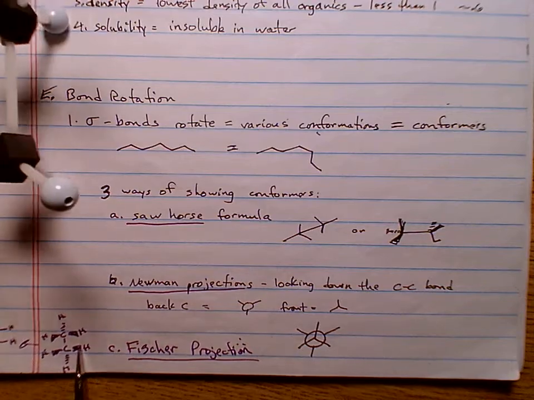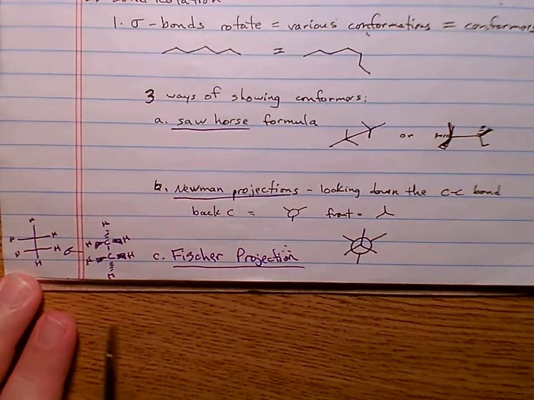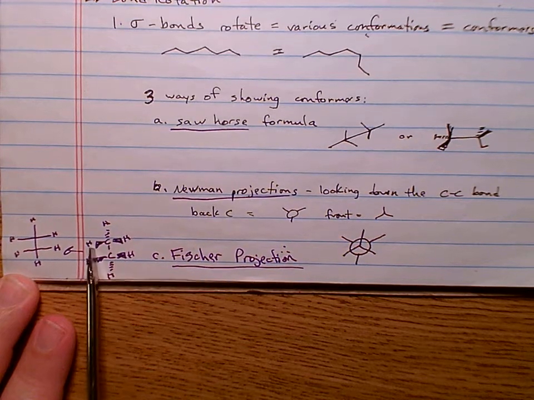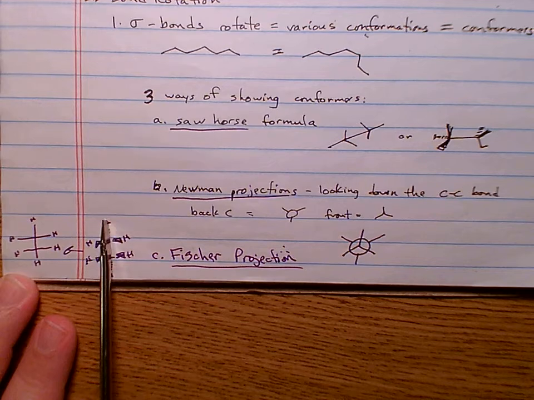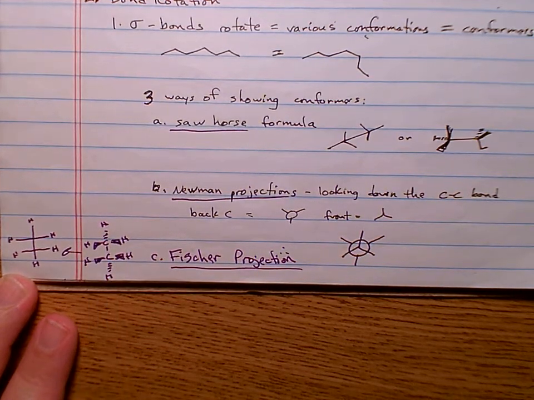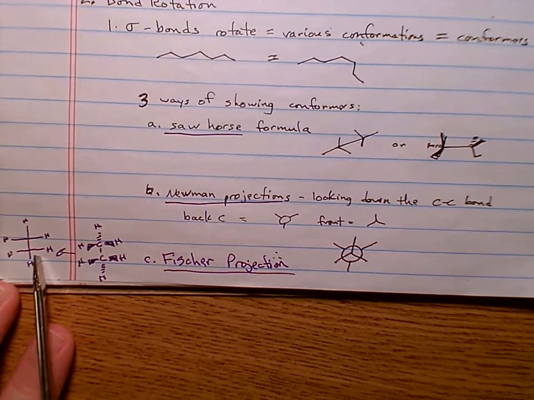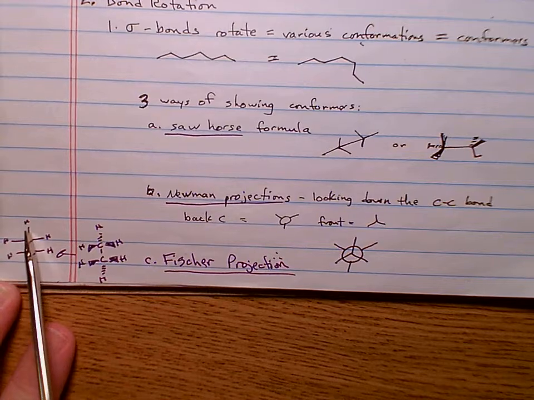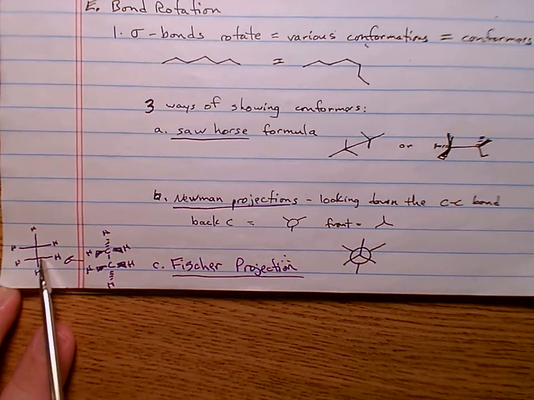If we're going to draw this, recall from Gen Chem when we're drawing Lewis structures, if something's coming out towards us, we draw these wedges. If it's going away from us, we draw these little dash lines. So these two hydrogens are coming towards us, so we have wedges. When you're actually drawing the Fischer projection, though, you just draw this vertical line right here and two horizontal lines.